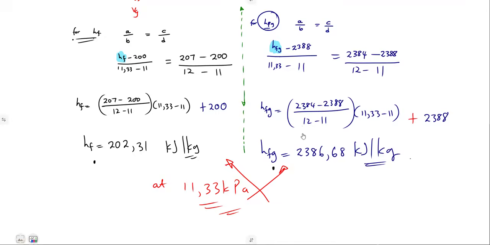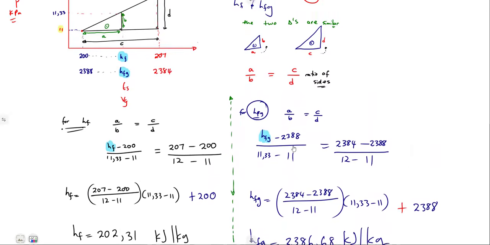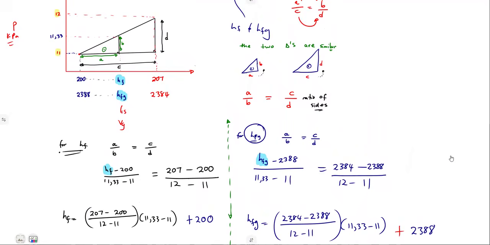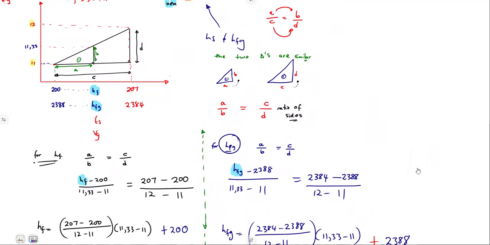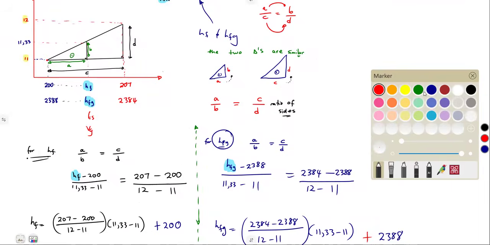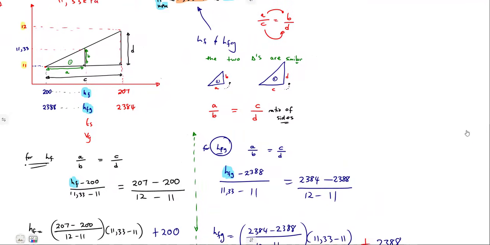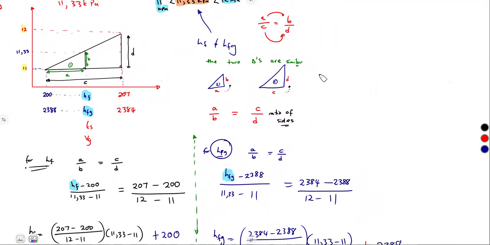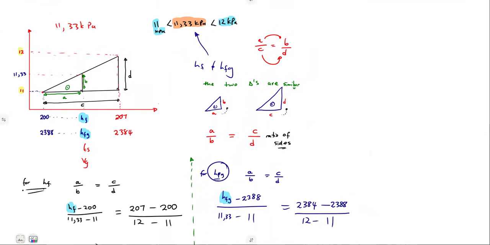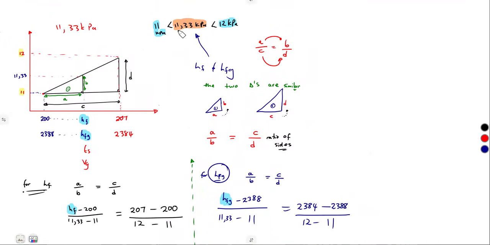So if we are to conclude, I want us to see, guys, what is actually happening here with a formula. It follows that if you are to calculate TS, let's say, the pressures that are in between, the pressures that are the boundaries for that 11.33 kilopascal, the one that you're given.